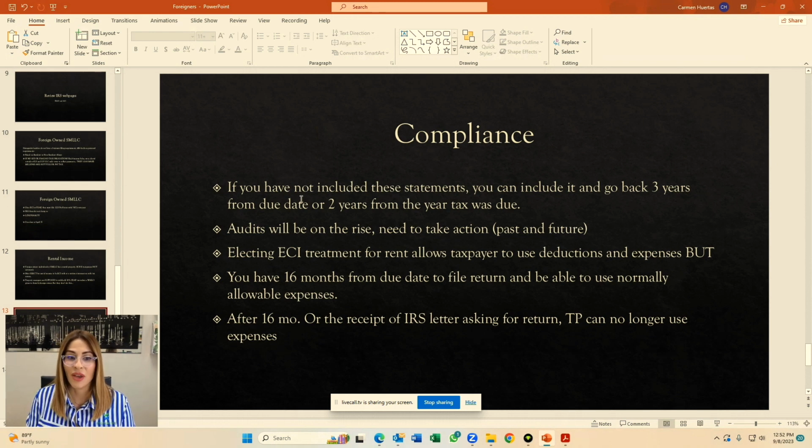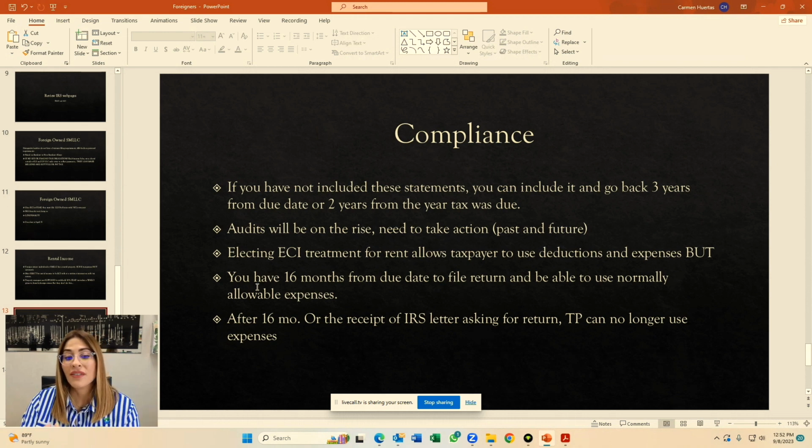Okay. So electing ECI allows you to use deductions and expenses, but you can't slack on filing your taxes. Some people don't do their taxes right away by June 15th, which is the deadline for 1040-NRs. Some people drag their feet and wait for whatever reason.